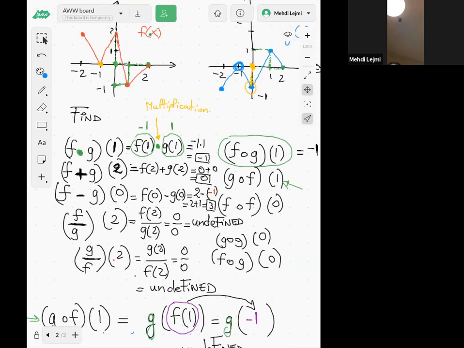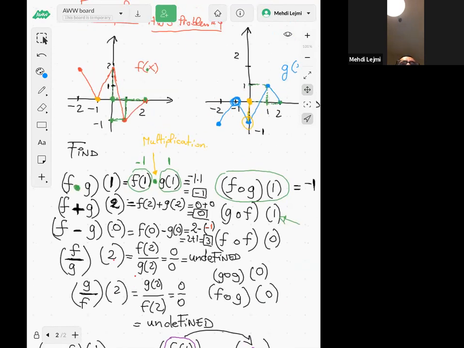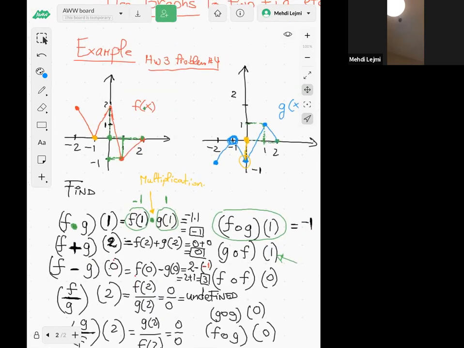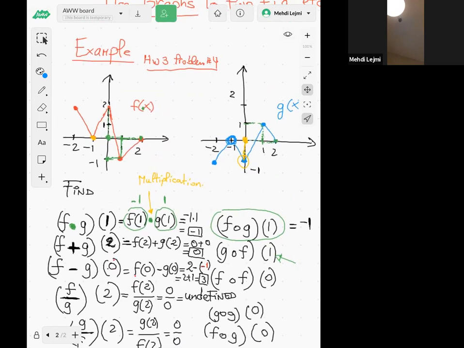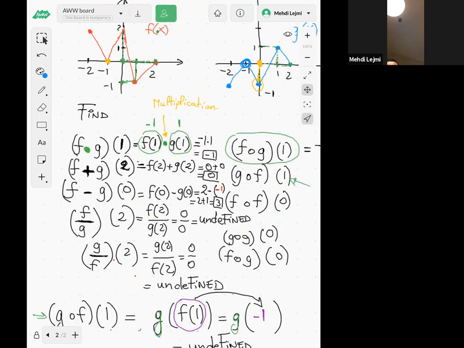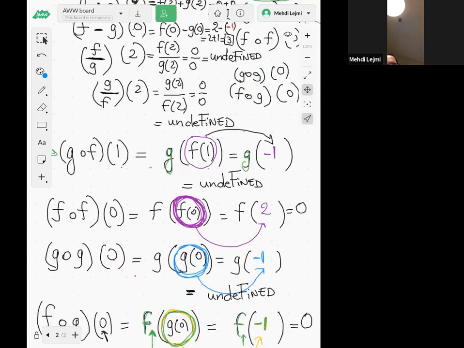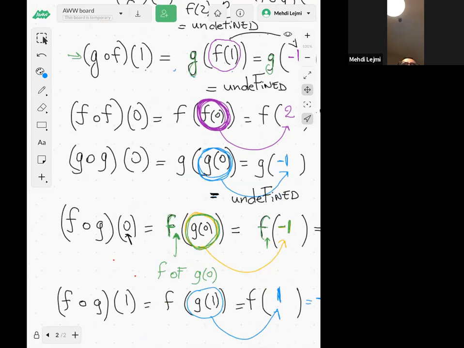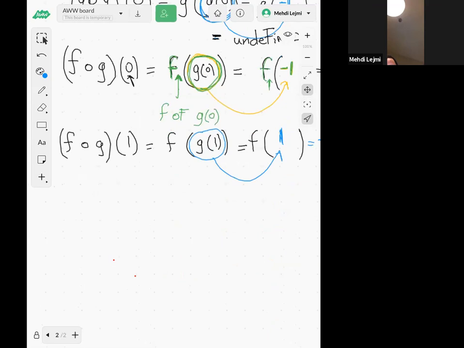This is exactly like problem number 4 in the homework: two graphs of f and g, and then you have to find and so on. If there is no question, let's cover the last thing you need for homework number 3, which is domain.